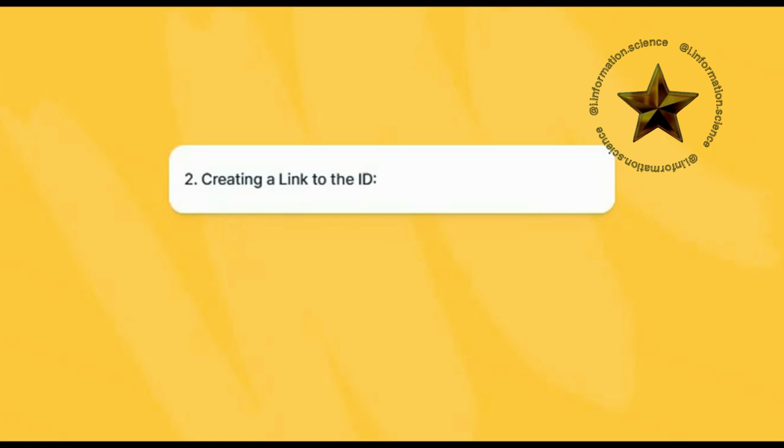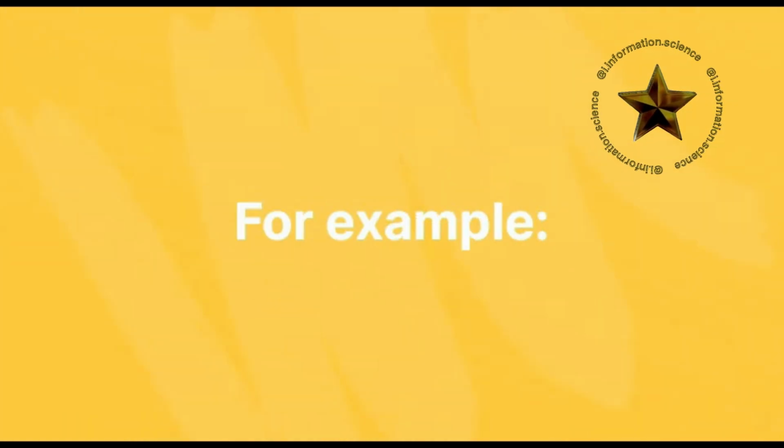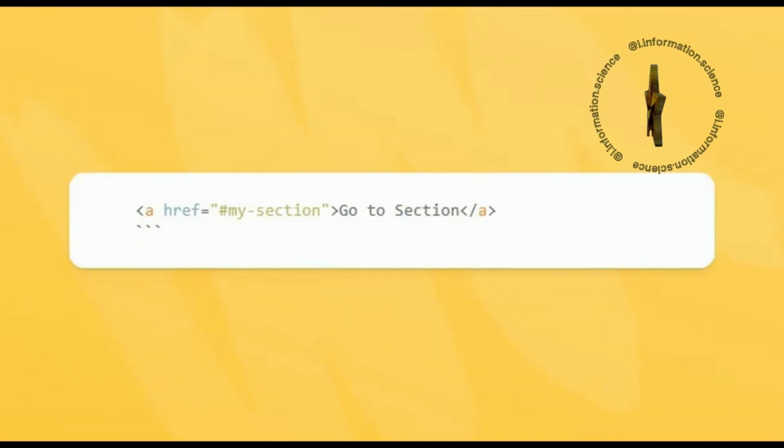Creating a link to the ID. To create a link that navigates to the section with the specified ID, use an anchor tag with the href attribute referencing the ID. For example, <a href="#my-section">Go to section</a>.